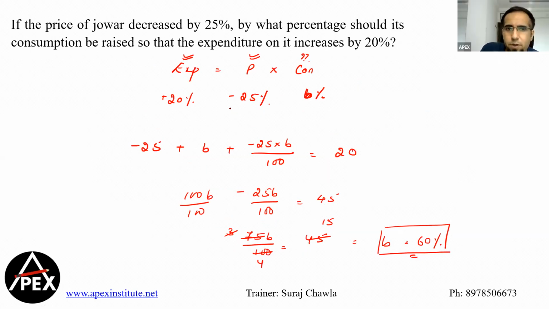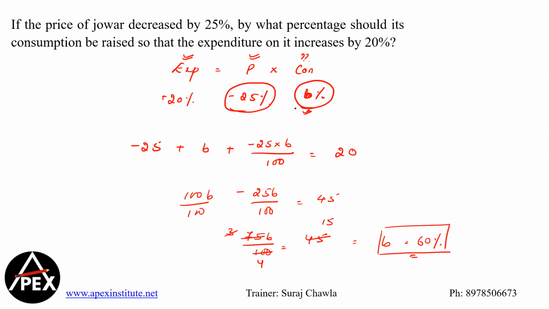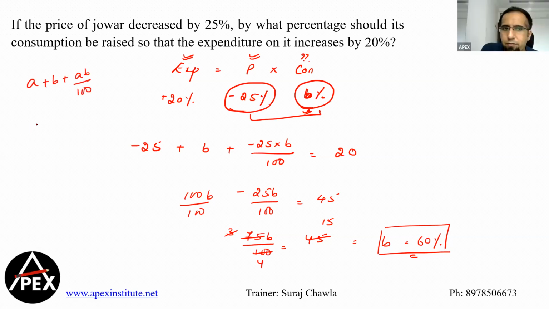See, there's a 25% increase. I do not know what is the percentage decrease. What is the percentage increase after 2 successive changes? Why is it 100 B by 100? It's A plus B plus AB by 100, right? So A value is minus 25, B value we don't know, AB is minus 25 into B, right?